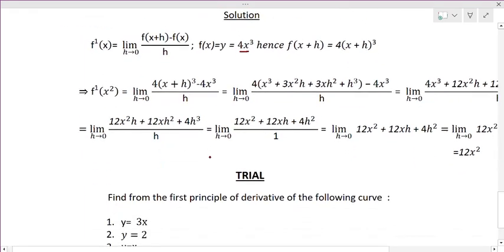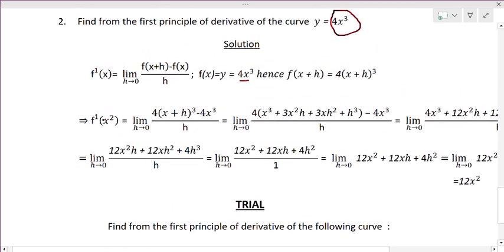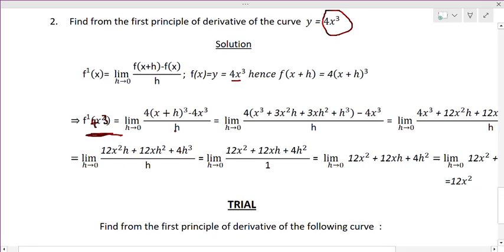Now f prime of x, sorry, there's a mistake here, so it should be 4x cubed. So f prime of 4x cubed is equal to, by substitution, our f of x plus h is this, f of x is 4x cubed, all over h, right?